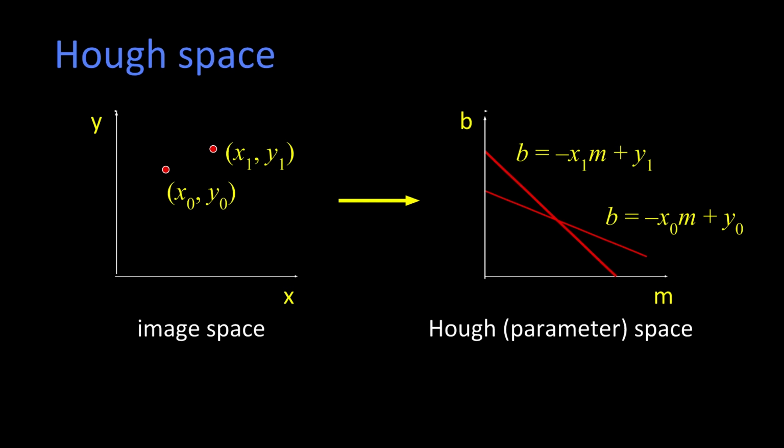What line would be consistent with both points? Well, it has to be the point where these two lines in Hough space intersect, because that's the m and b that's consistent with being on a line that goes through x0, y0, and on a line that goes through x1, y1. And this, ladies and gentlemen, boys and girls, and all you interested parties, this is how we're going to find lines from points.